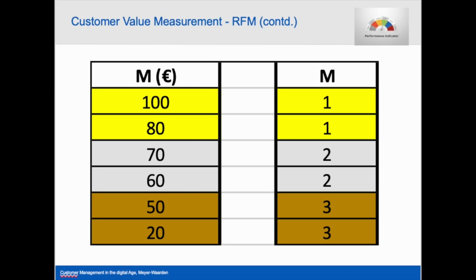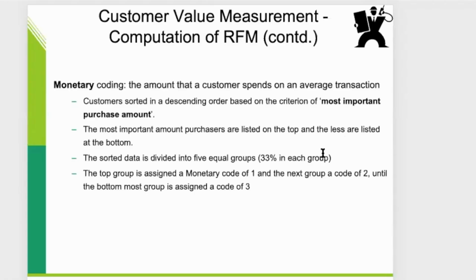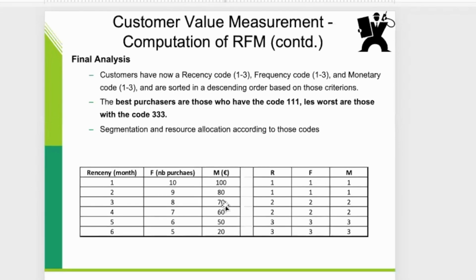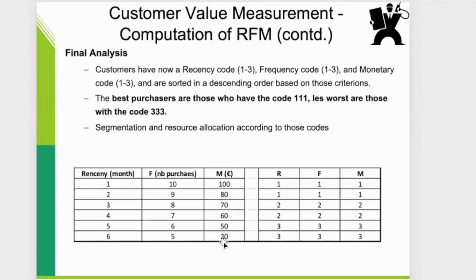I divide again into 3 groups, and I give a score of 1, 2, or 3 according to the quality. So again, you have 2 customers who spent 180 euros, 2 customers 70 and 60 euros, and 2 customers between 50 and 20 euros, which means that I assign a score to these 3 groups. Group 1 has score 1, group 2 has score 2, and group 3 has score 3.